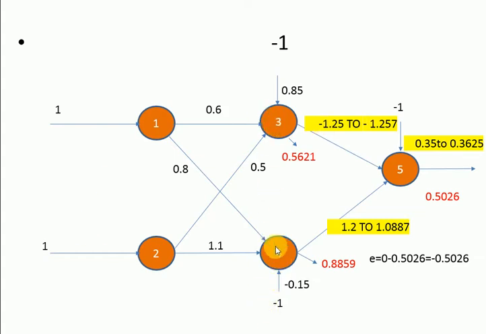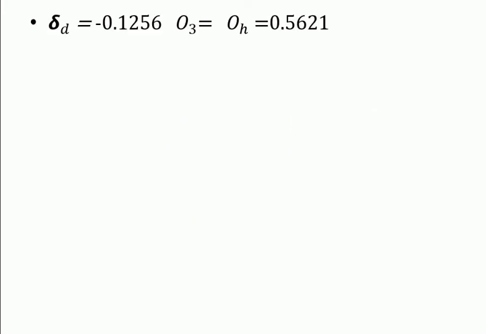The formula is a bit changed from the algorithm, since we are trying to calculate the hidden value. So the hidden value is OH. We know delta d equals minus 0.1256, which we calculated, and O3 equals 0.5621, that is OH, the obtained value.